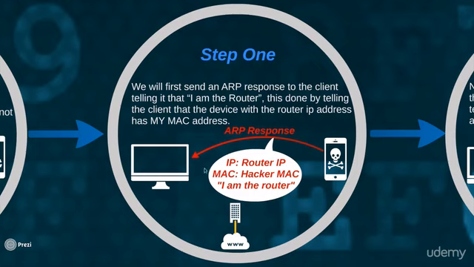The way I tell it that I am the router is by just telling it that the MAC address of the router has changed and this is the new MAC address. Now the MAC address, as we said, is physical, it never changes, so it should always be the same, but it's going to trust it here and it's not going to even think about anything. As long as I've sent a response, because ARP trusts everything, it's going to trust the response that I've sent.